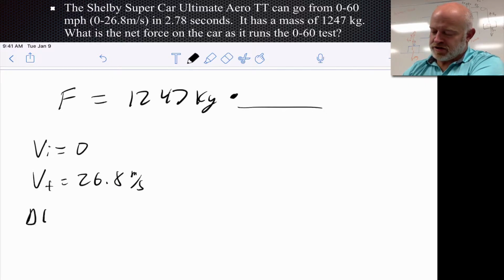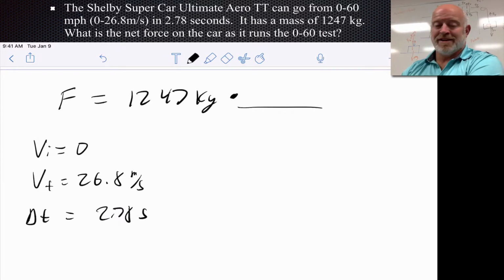And the change in time we are given is 2.78 seconds. We can pull from a previous equation to solve this, which is pretty common with force problems, because we know how fast we got to and how long it took. We may not just give you the acceleration, you may actually have to solve for the acceleration first.